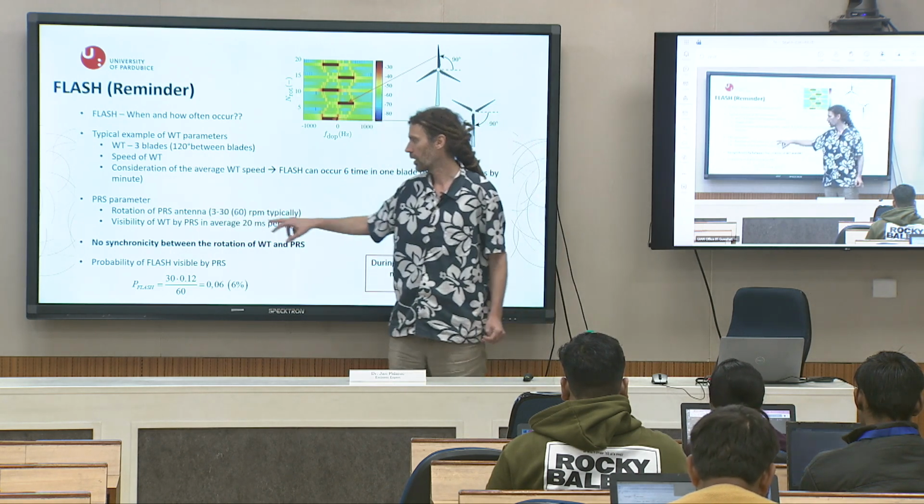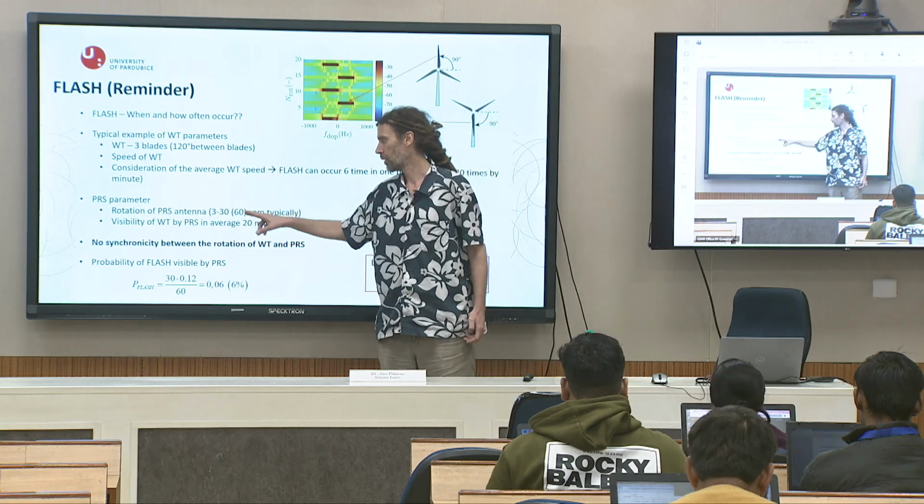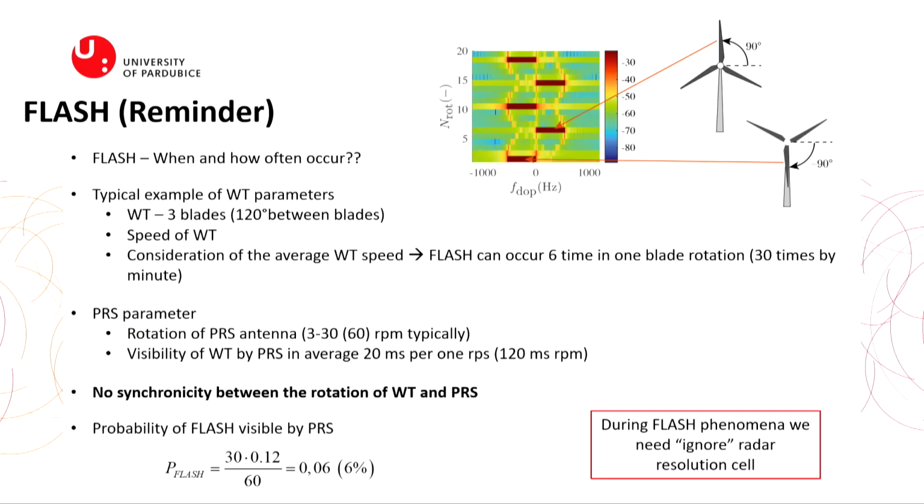We need to consider the speed of wind turbines, and there are some typical values of PRS parameters. The rotation of the PRS antenna is from 3 up to 30 RPM, typically. In some cases it could go to a higher rotation speed. The visibility of the flash of a wind turbine by the PRS could be about 20 milliseconds per 1 RPS.